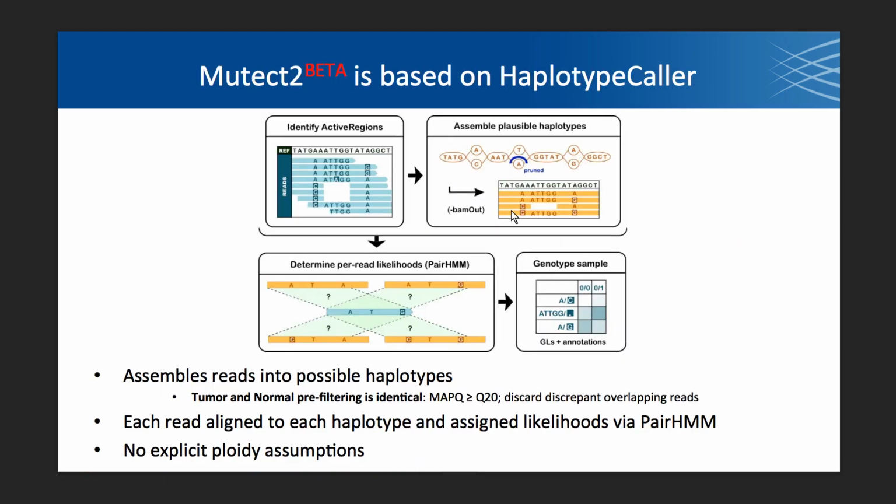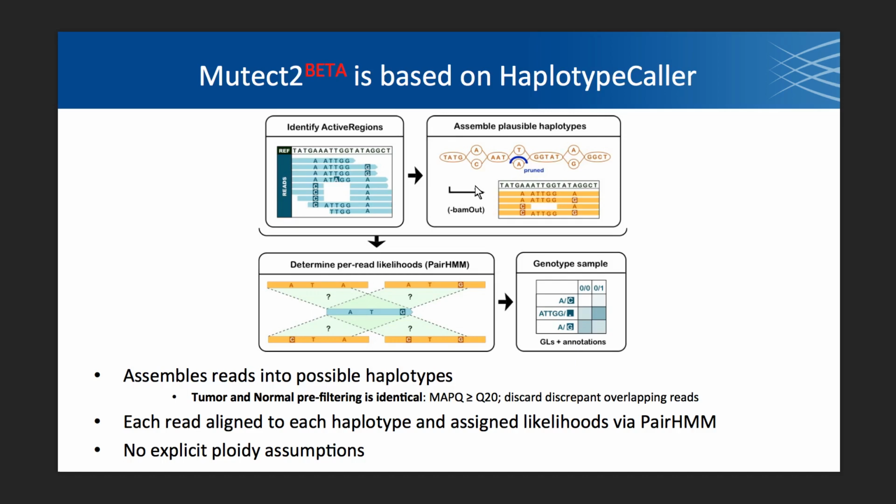Underneath the hood of MuTect2 is the HaplotypeCaller assembler. You should be familiar with the 4 stages from Laura's talk. Just to summarize, we identify active regions. Remember, we skip sites from the PON and sites in the normal that have high allele fraction alleles. We then assemble reads into possible haplotypes.